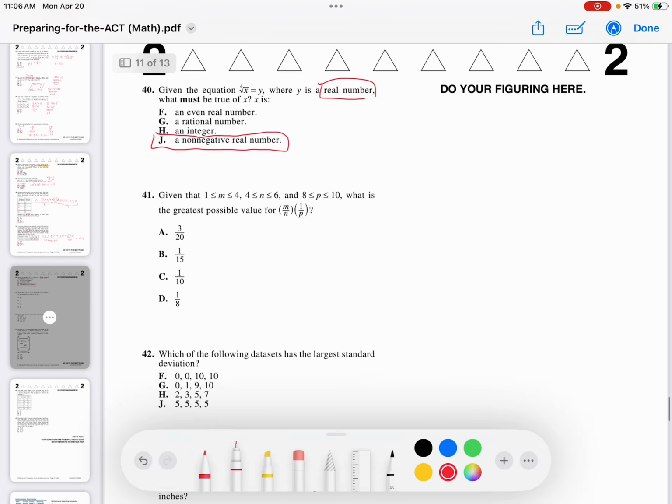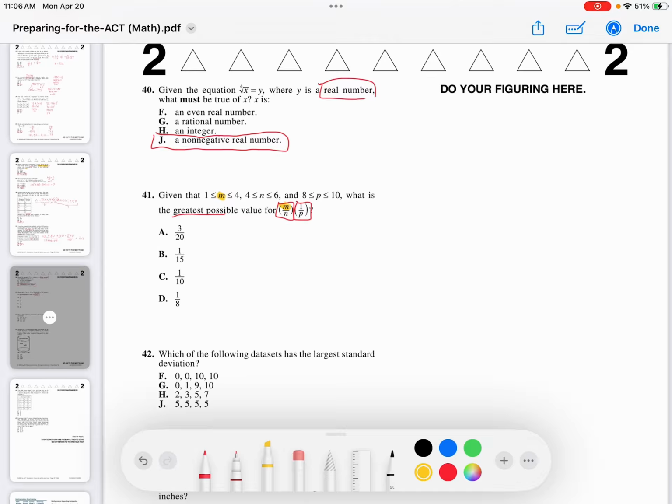All right. Given that 1 is less than or equal to m, less than or equal to 4, what is the greatest possible value for m over n times 1 over p? So if I want the greatest possible value for this multiplication, I want both of these numbers to be as big as possible, which means that I want my numerator to be as big as possible.